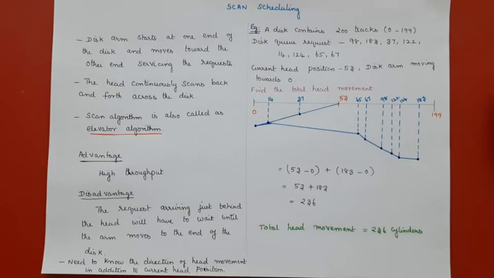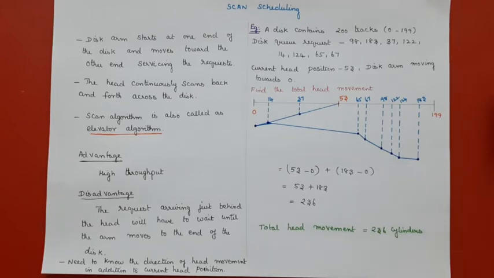If it is given as towards 0, then it has to take the requests that are towards 0 and service those first. If it is given as towards 199, then whatever requests are towards 199 must be taken first and serviced, and only then does it move to the other end. That's what this means.